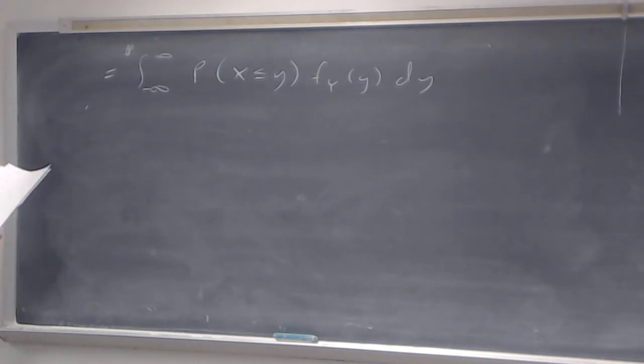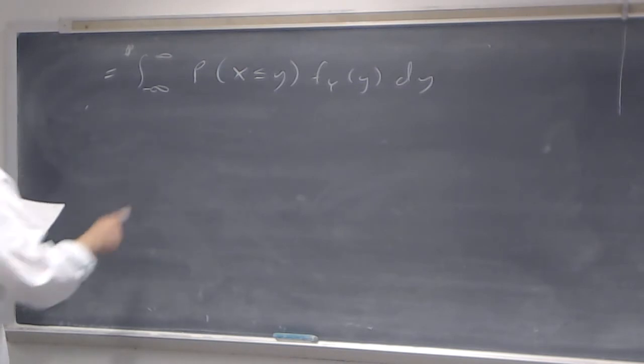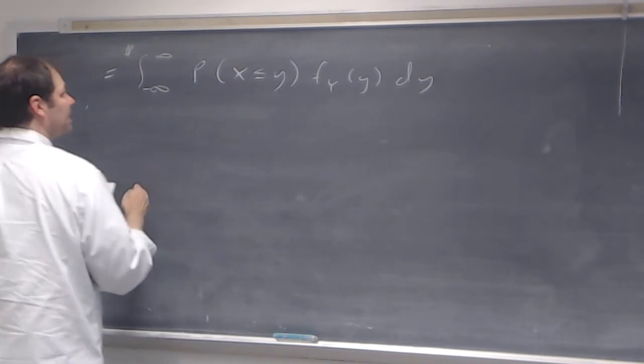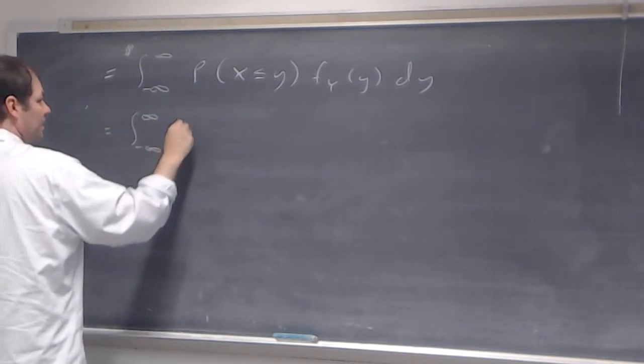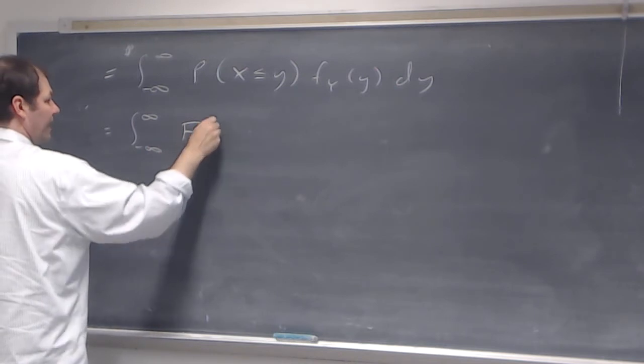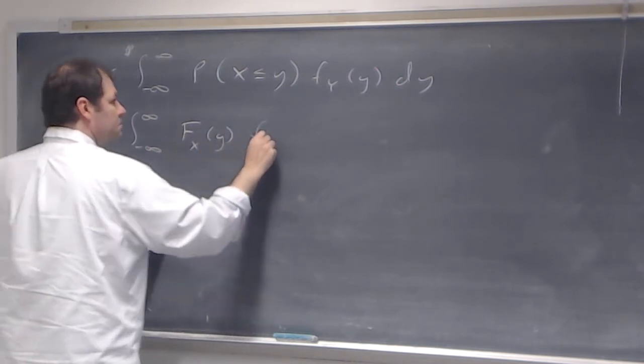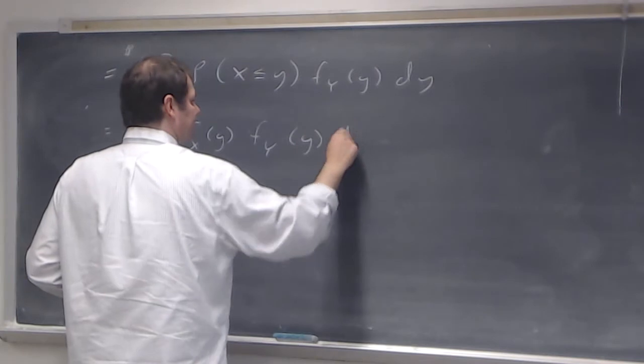Now, the probability that X is less than or equal to y is, by definition, the CDF of X evaluated at y. And so that's how we can symbolize it.